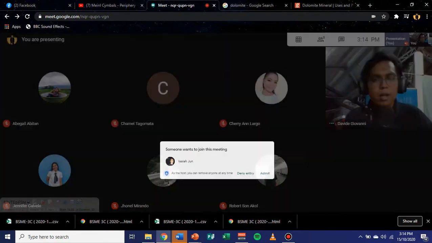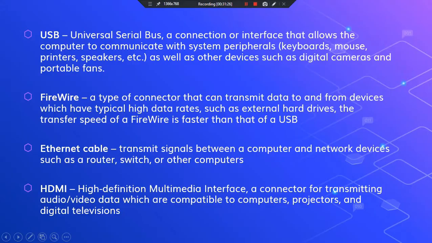So, wait lang. May picture kasi dito ng FireWire. Wait lang ha.